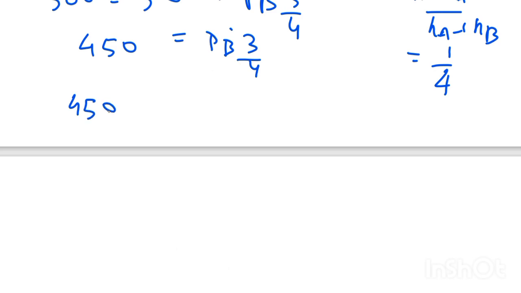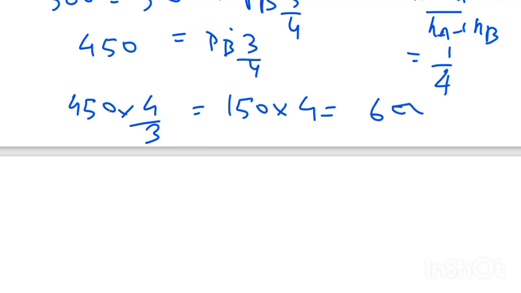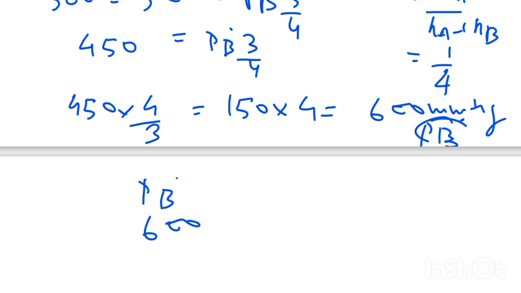So 450 into 4 by 3 comes out to be 150 into 4, that is 600 millimeter Hg. This is PB naught.